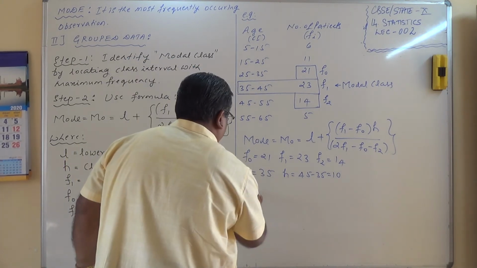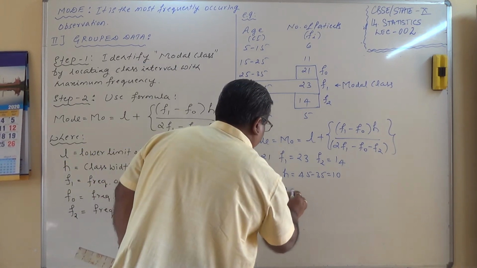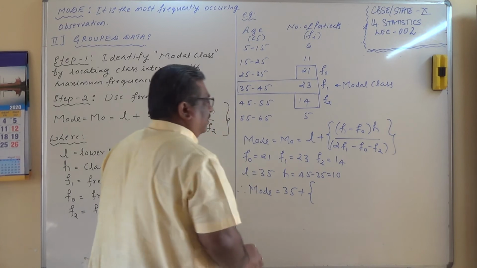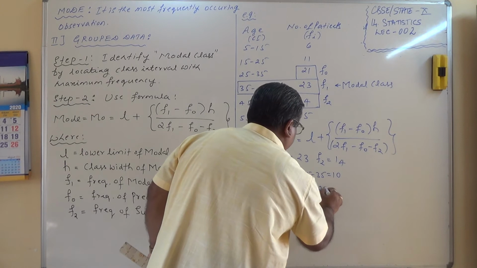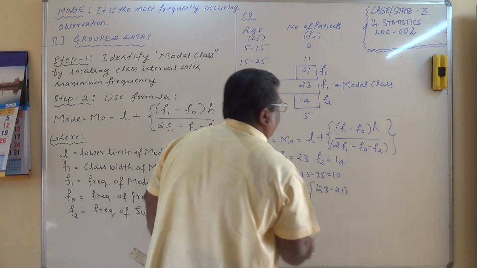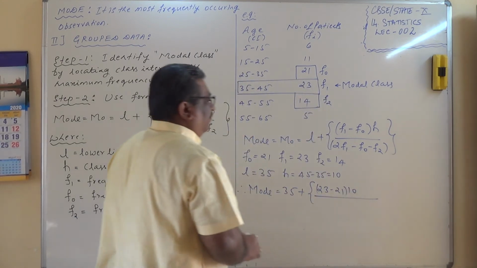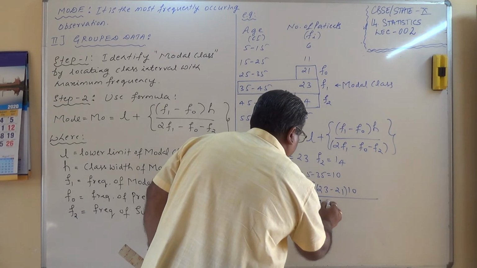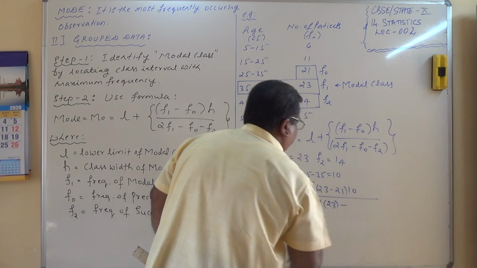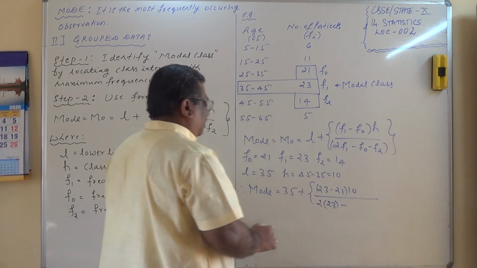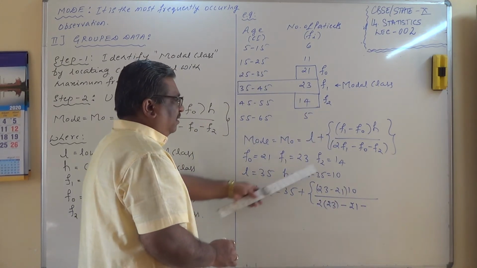So therefore, mode is equal to L, here L is 35, plus, into bracket, F1 minus F0, 23 minus 21, into H is 10, the whole divided by 2 into F1, 2 into 23, minus F0 which is 21, minus F2 which is 14.